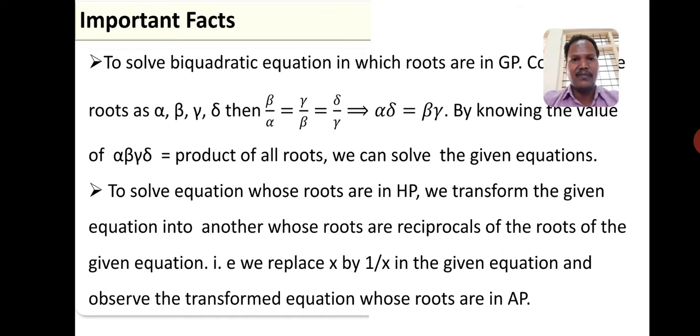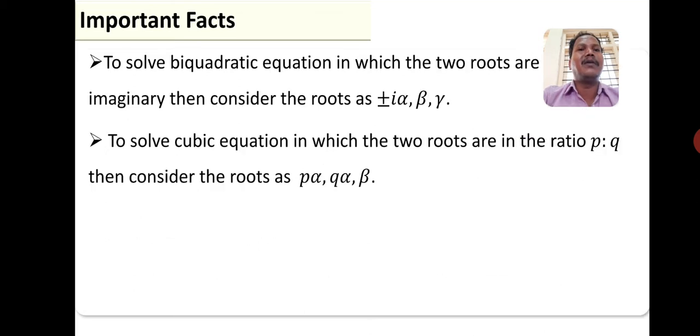Next, to solve an equation whose roots are in HP, we transform the given equation into another whose roots are reciprocals of the roots of the given equation. That is, we replace x by 1 by x in the given equation and observe the transformed equation whose roots are in AP.